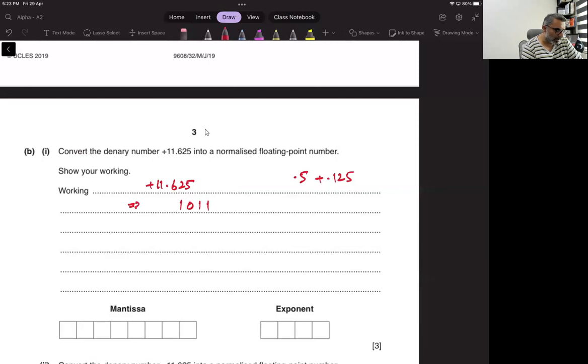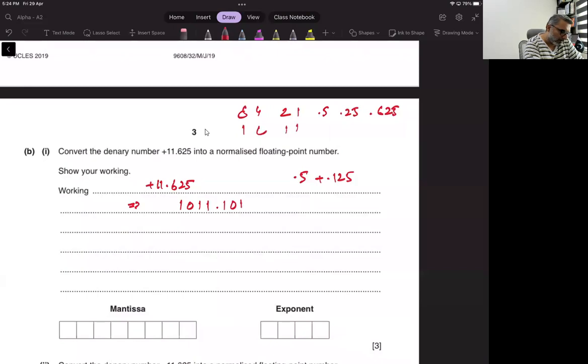This is 11. 8, 9, 10, 11. 0.5, 0.25, 0.125. All right, so this will be 1011.101.